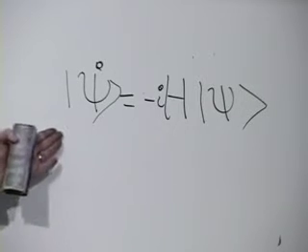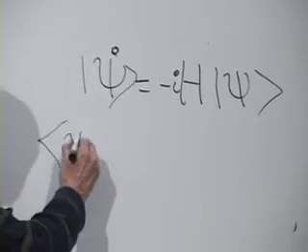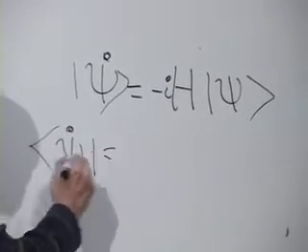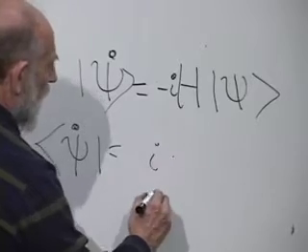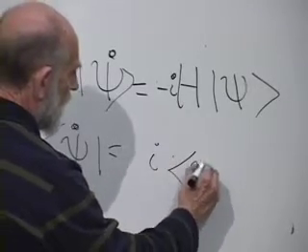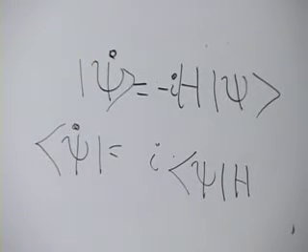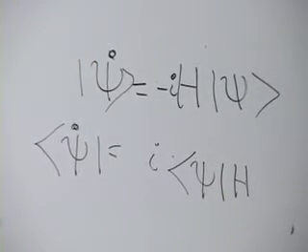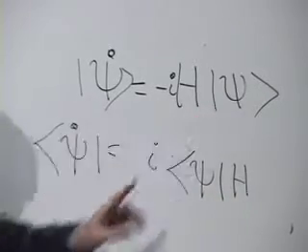We'll also need the corresponding equation for the bra vector. Psi dot is equal to plus i, bra vector psi times h. When you act on bra vectors, you act from the right. When you act on ket vectors, you act from the left.